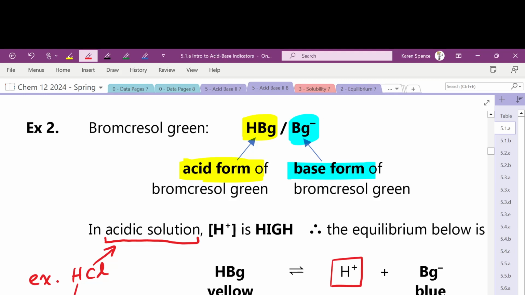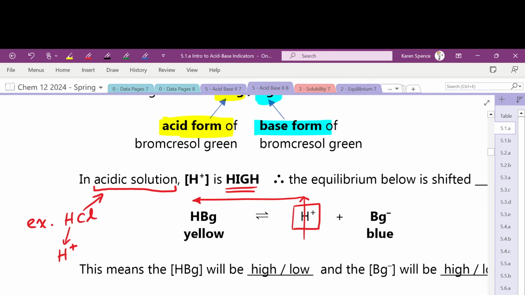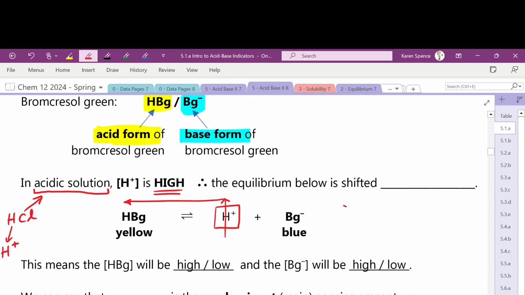So if we have an acidic solution, that means our H+ concentration is high. And if it is high, what happens to our equilibrium mixture? It shifts to the left. So the position of the equilibrium is more to the left. So in acidic solution, the concentration of H+ is high, and therefore it shifts to the left.